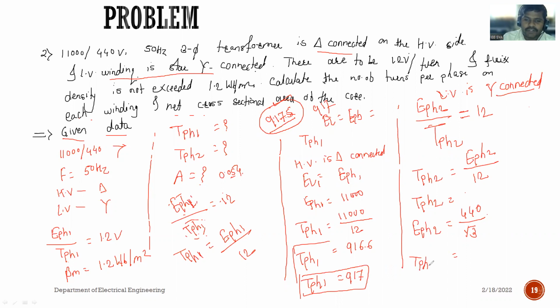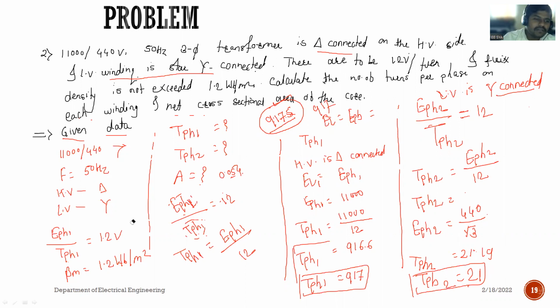Okay, TPH2 it is equals to 21.19. So instead of writing this value in fraction, you write just 21. That is TPH2, number of turns per phase on the secondary side, it is equals to 21 turns.